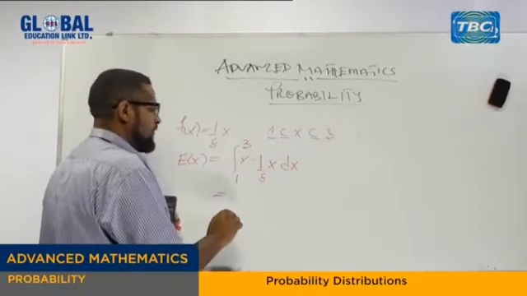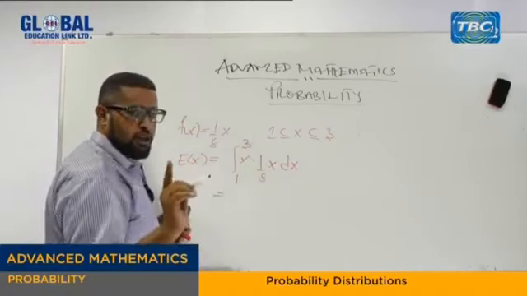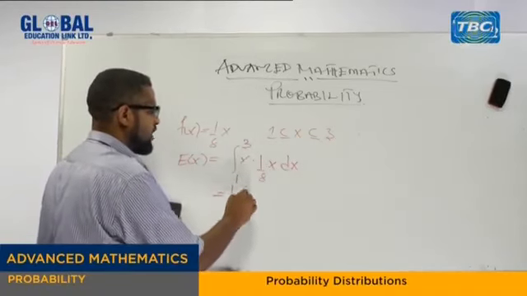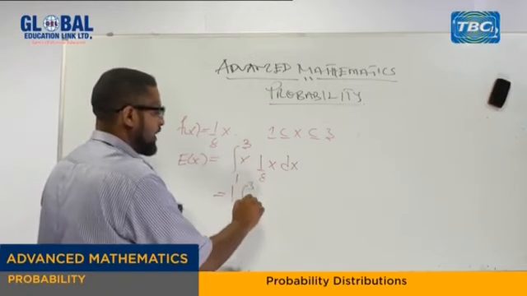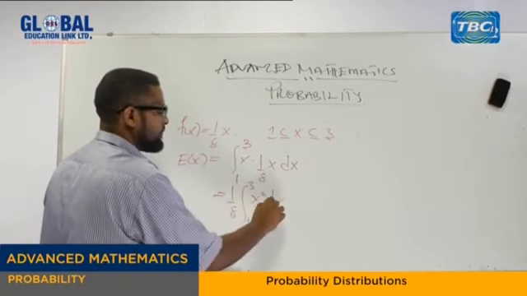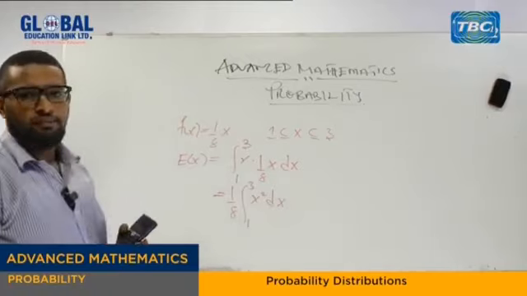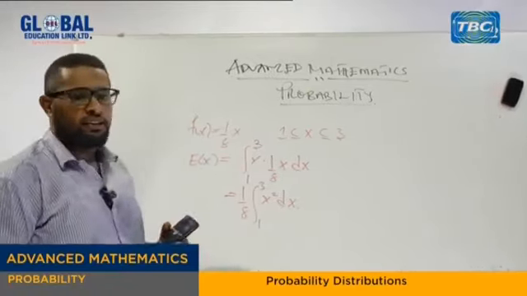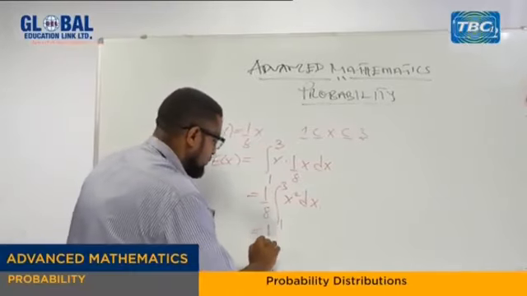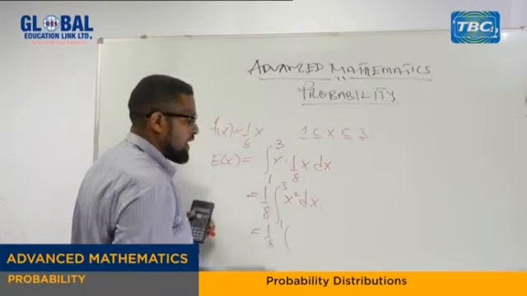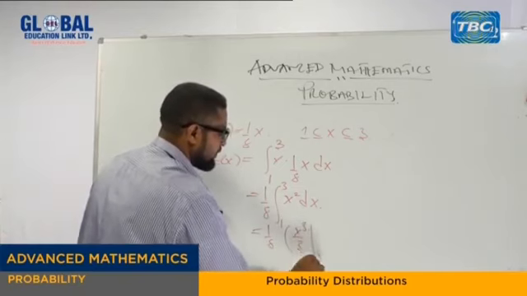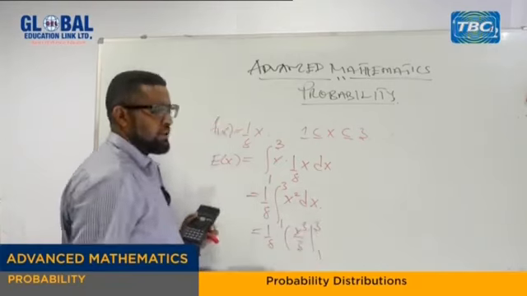Now upon simplifying, because 1 over 8 is a constant number, take it out of the integral. So 1 over 8, integral from 1 to 3. This becomes x squared dx. What next from there? Now we are going to integrate. So we'll be having 1 over 8 times the bracket of x power 3 over 3 from 1 to 3.